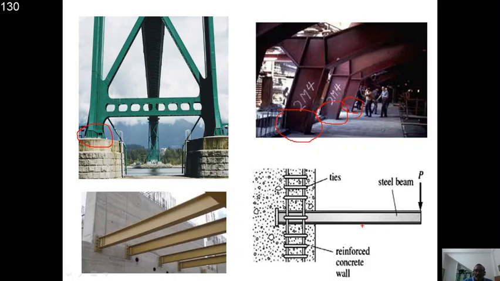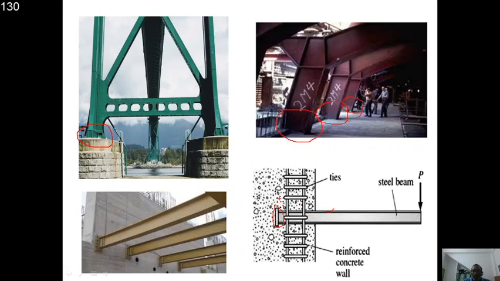In practice, steel beams or concrete beams can be constructed monolithically during construction. This steel beam has been introduced into the concrete structure during construction. Make sure that it has rigid maintenance.